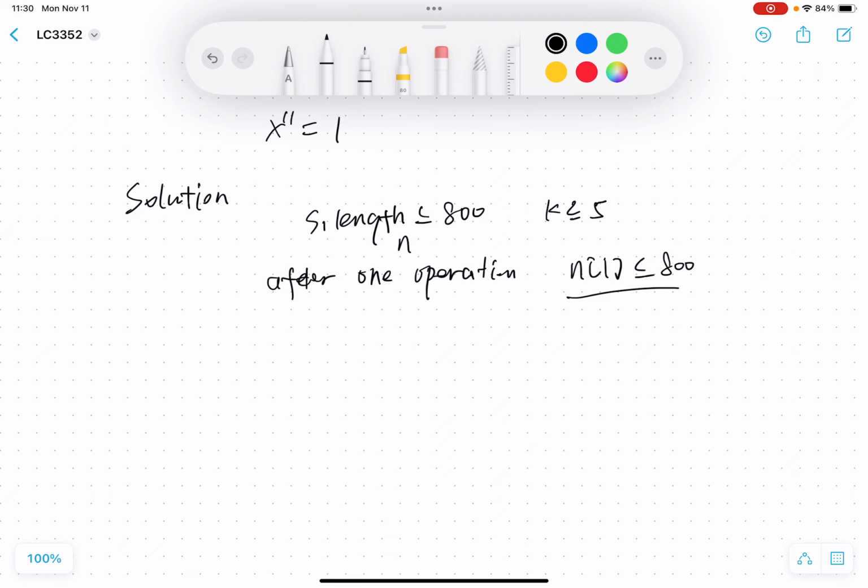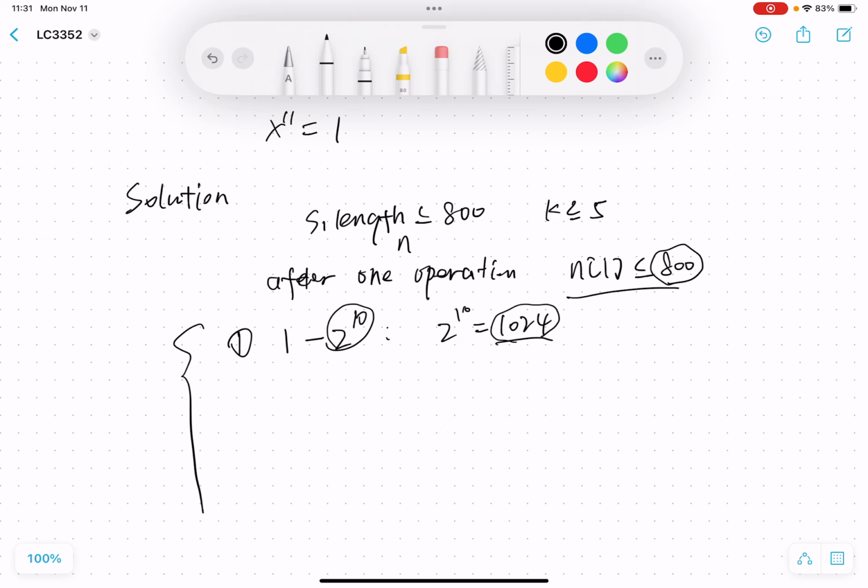After that, we can split the solution into three parts. First of all, we can calculate how many numbers can meet the requirement from 1 to 2 to the power of 10. Actually, 2 to the power of 10 equals 1024, which is larger than the value 800.